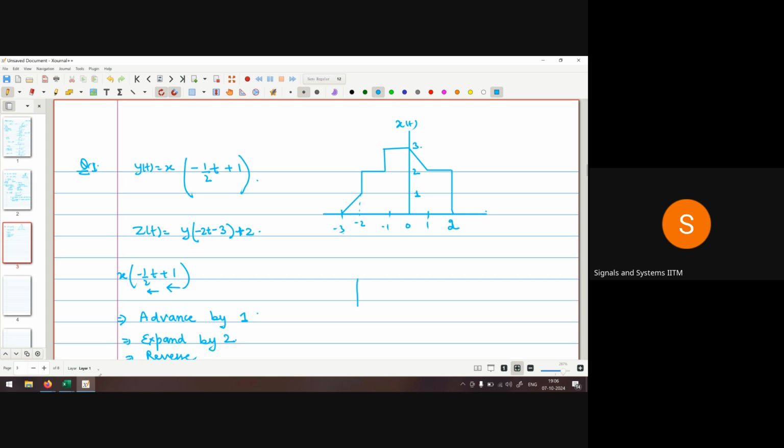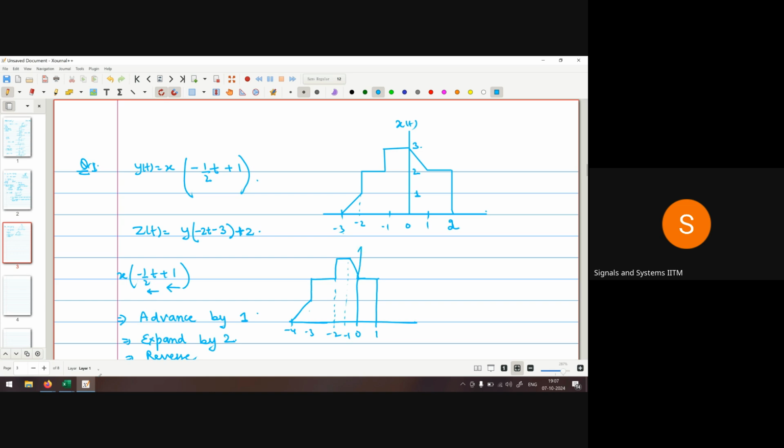If I advance the signal, it starts from -4, -3, -2, -1, 0, then 1.